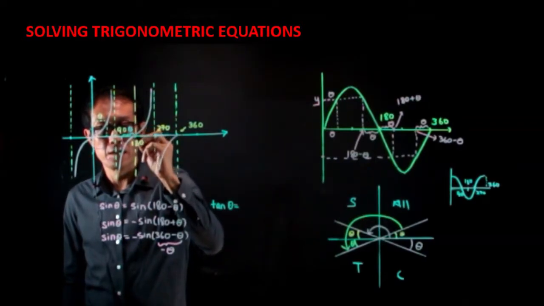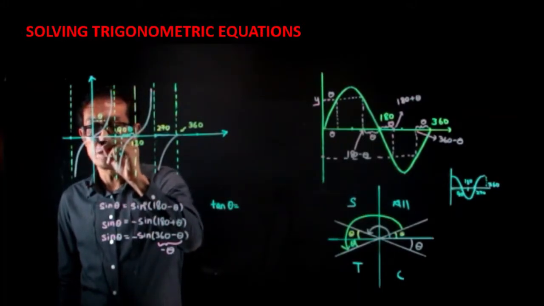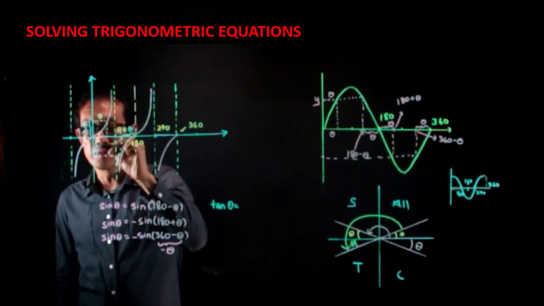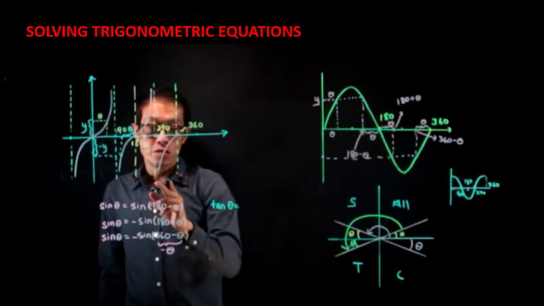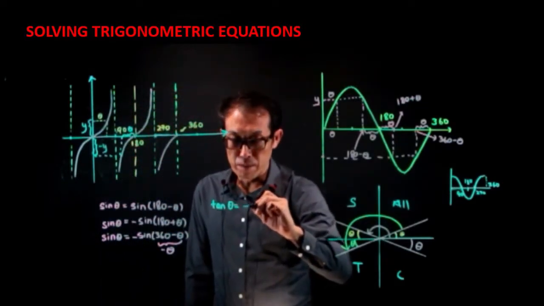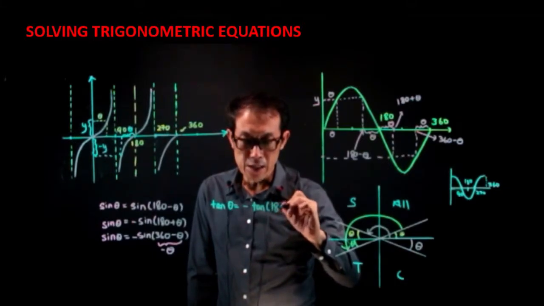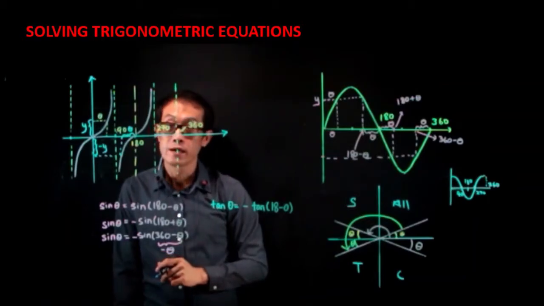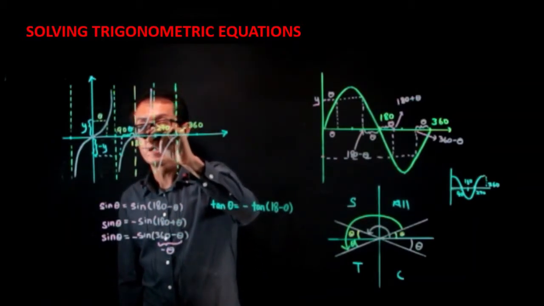This value here will be, if this is y, minus y. So tangent theta is equal to minus tangent 180 minus theta. Now move theta away from here.